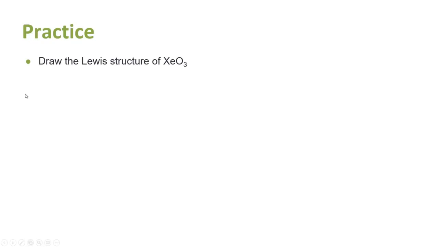What I want you to do now is practice the Lewis structure of XeO3. We had already started this in class, or I think we did, maybe we didn't. I want you to begin with this, and note that we have 8 electrons plus 18, so this has 26 electrons, and you'll see that this is going to end up invoking that extended octet.